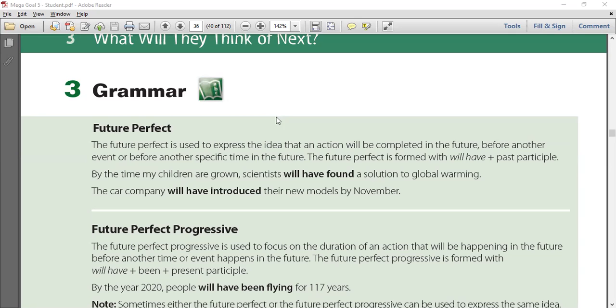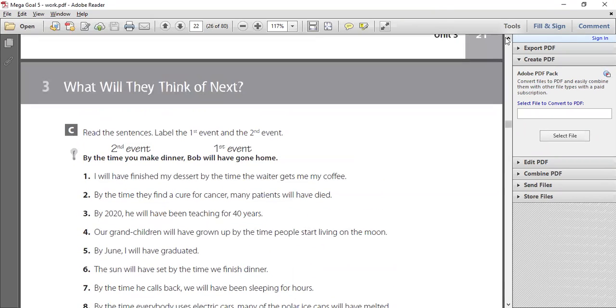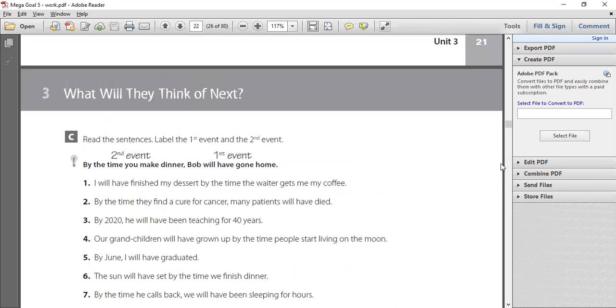Yes. Okay, good. Now let's get back here. In your workbooks, we are on page what? 22, I guess. Yes, page 22. So, as we said, you're going to tell me which event is the first one and which one is the second one in the future.